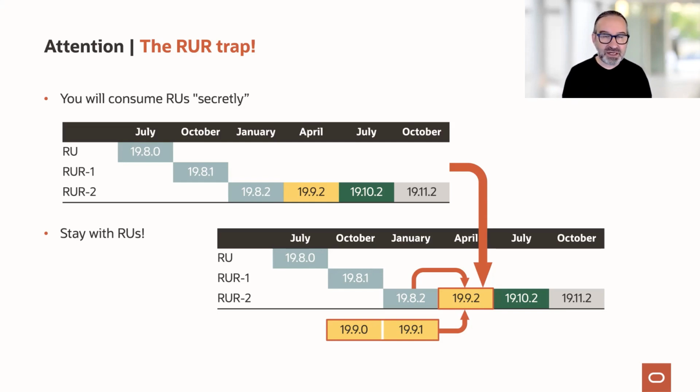Now, you could still argue with me and say, yeah, but what was potentially a regression in 19.9.0 has been fixed by then. And I agree, that could be the case. But still, you miss all the stuff we applied in January and April of the RUs, which may be over 1,000 fixes. And believe me, there's nothing worse than opening a service request.